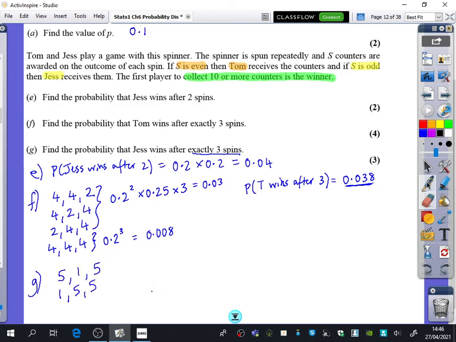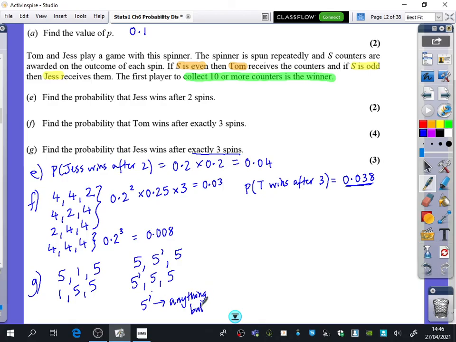Let's say that she gets a 5, then she does not get a 5, which I'm going to write as a 5 with a dash, because the dash notation means not. So it could be a 5, not 5, and then a 5. Or it could be a not 5, a 5, and a 5. When it says 5 dash, that means anything but 5.